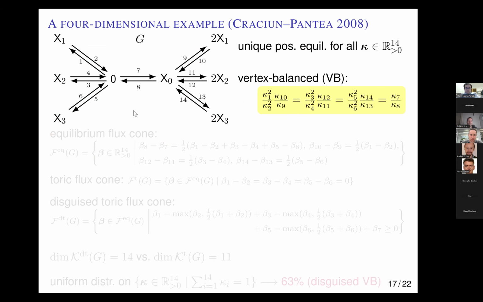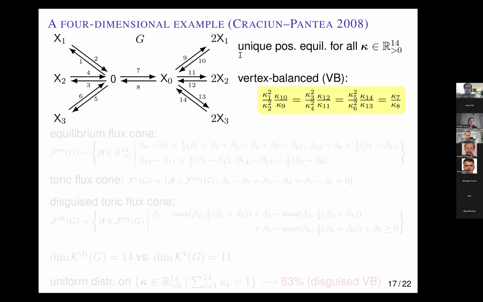Now, a four-dimensional example, which I took from a paper by George and Cassian from almost 2 decades ago. It has four species, X0, X1, X2, and X3.